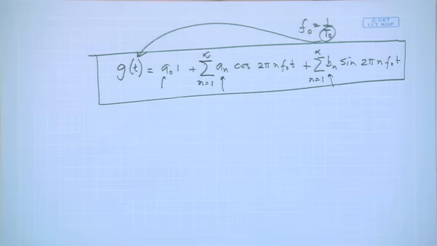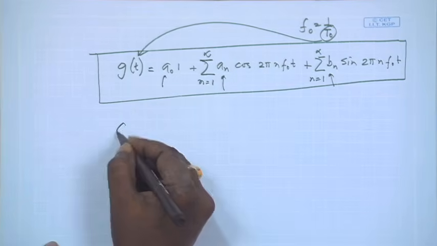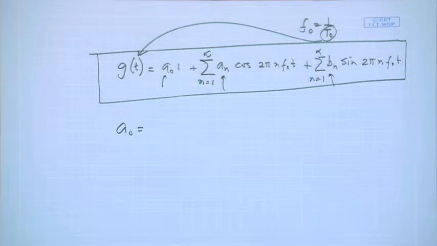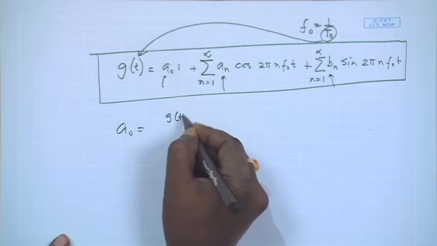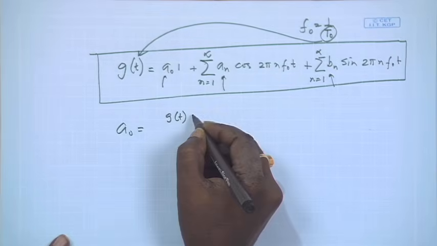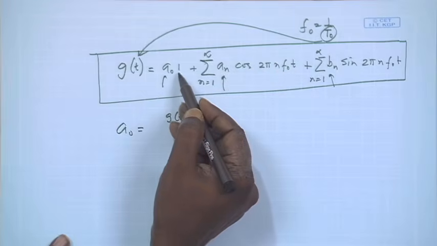Okay. And how do we evaluate these values? Let us say A0, how should we evaluate that? This is something we have already seen. The evaluation of A0 should be with those dot products, right. So, all we have to do is this g(t) with respect to our whatever signal is.